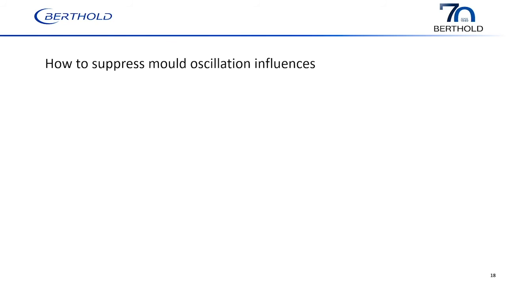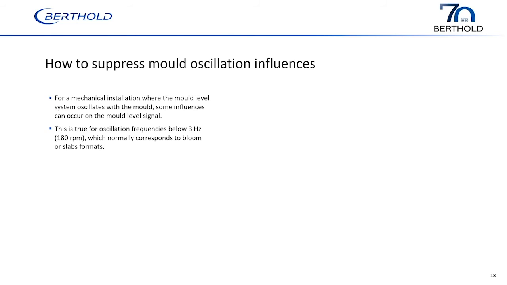So what about the mold oscillation? Doesn't that affect my mold level measurement? Well, the answer is it depends. For a mechanical installation where the mold level system oscillates with the mold, some influence can occur on the mold level signal.